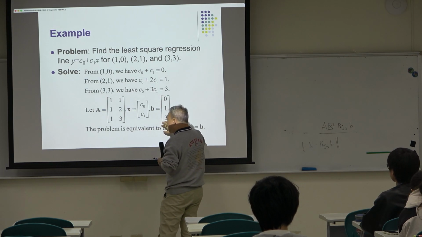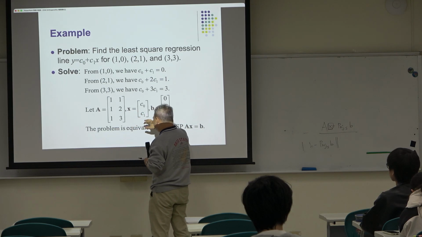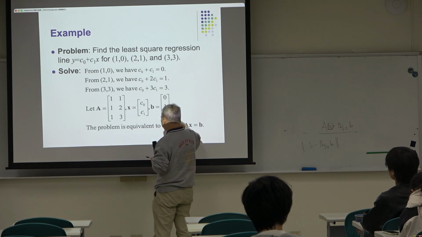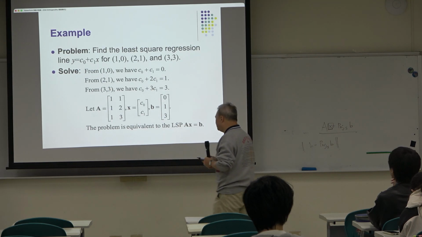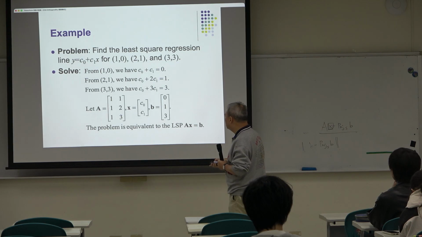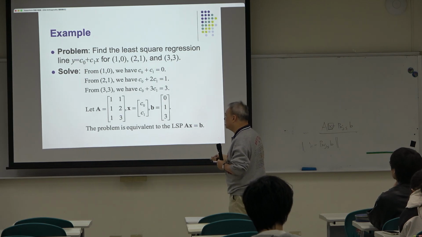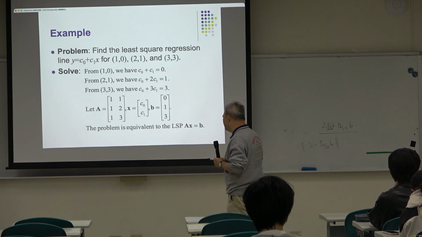And b is this one. So we need to do A transpose A x prime equal to A transpose b. So the process will be equivalent to what we have done earlier.